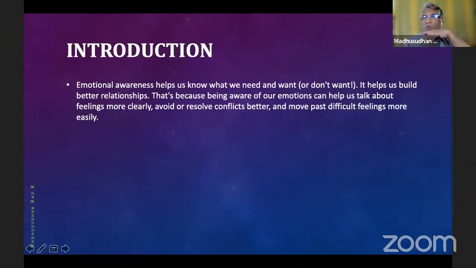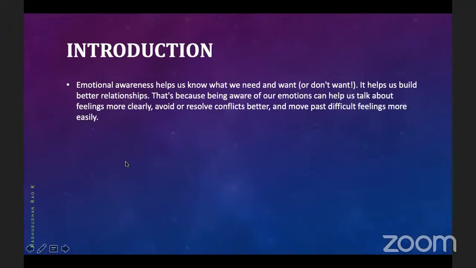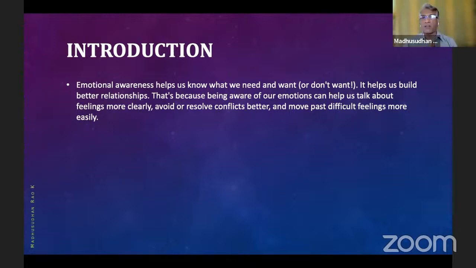See, why should we know about emotions? Emotional awareness helps us to know what we need and want. It helps us to build better relationships. That's because being aware of our emotions can help us talk about feelings more clearly, avoid or resolve conflicts better, and move past difficult feelings more easily.